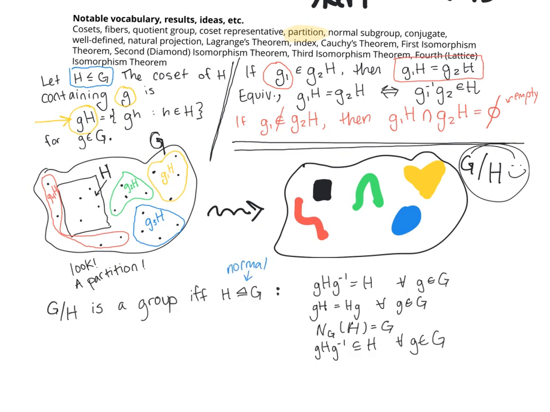We have a whole host of different definitions for what it means to be normal, all of them equivalent. The basic one is that conjugation by any element in G returns your subgroup to itself.